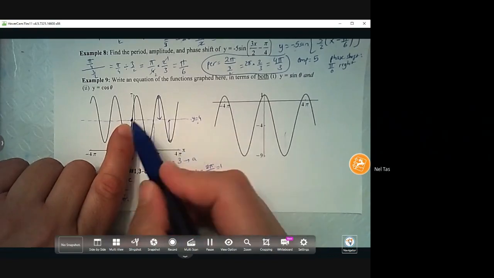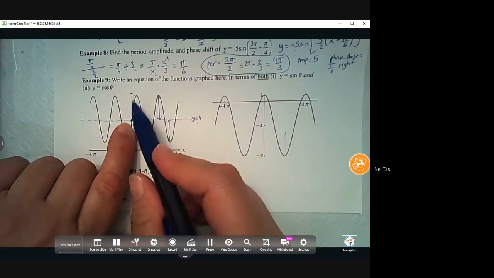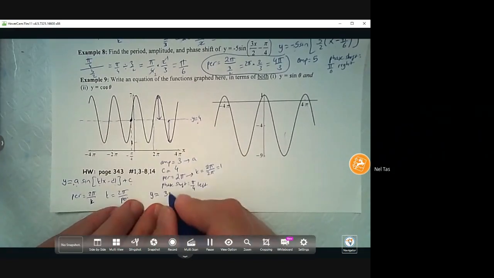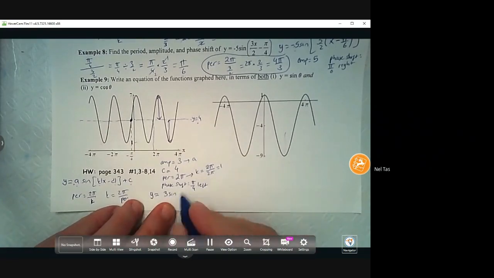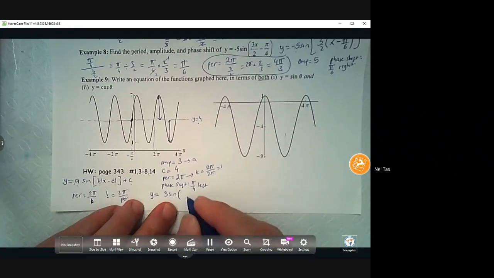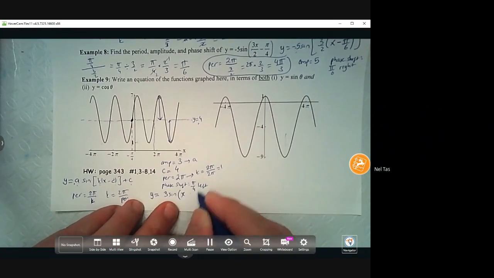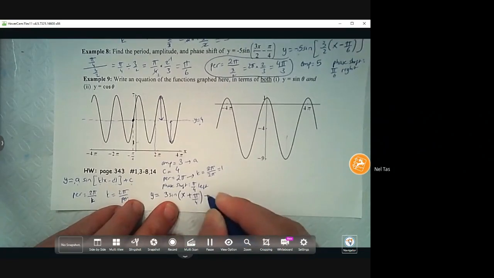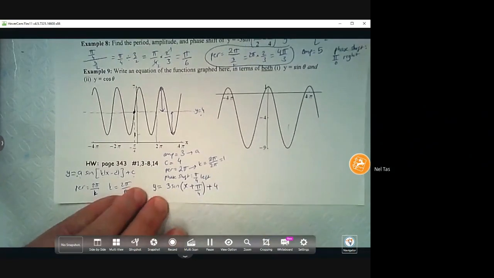But in this case, after 0 we go to the maximum, so we take the positive 3 here. So sine, k value is 1. Then x plus pi over 4, since it's pi over 4 to the left, and plus 4. This is one possible answer.